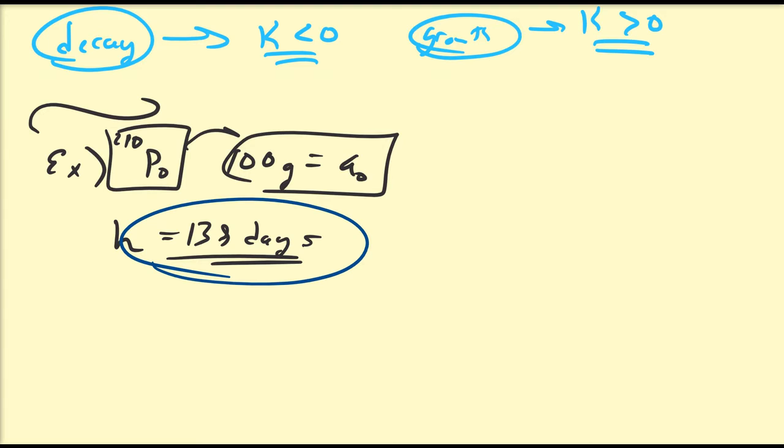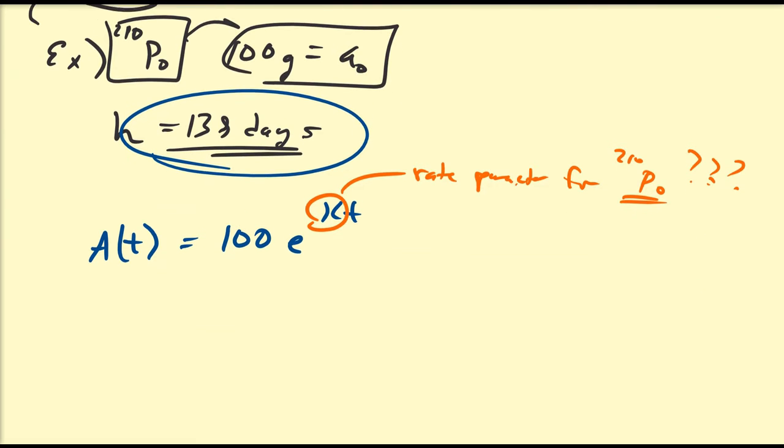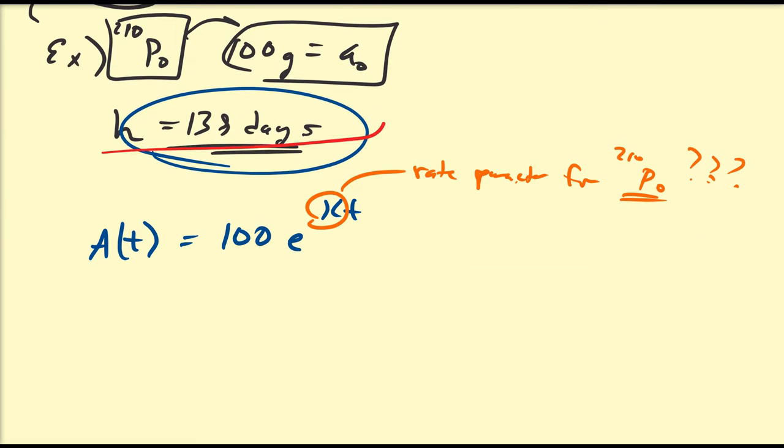So after one half-life, A of t is going to be equal to our initial amount 100, e to the kt, and we need to figure out what our rate parameter is. So what is the rate parameter for polonium-210? We can use this information that we have here.